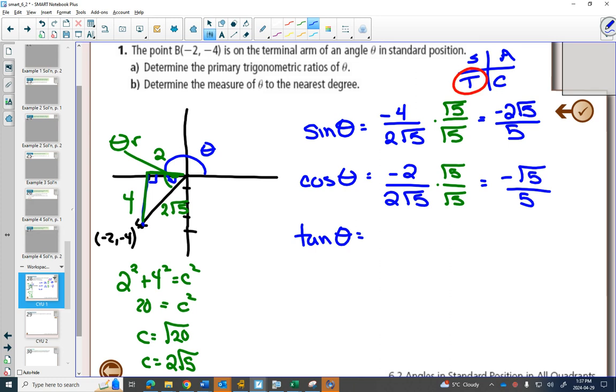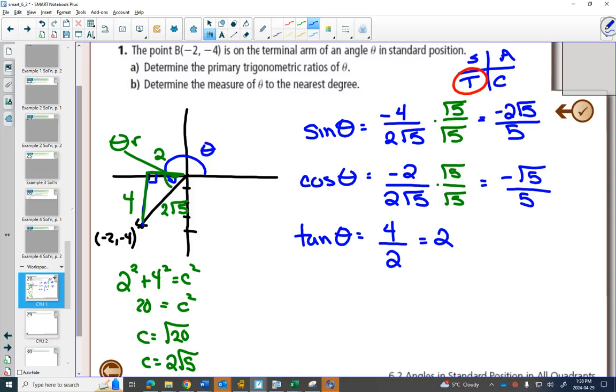And tangent is opposite over adjacent, and tangent is positive in quadrant 3. So that CAST rule is going to tell you if your ratios should be positive or negative.